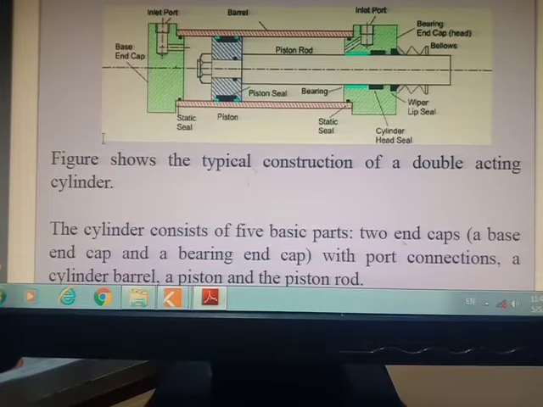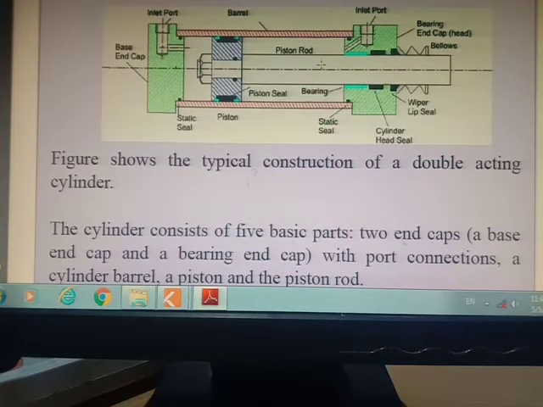This double acting hydraulic cylinder has two ends. One is known as the base or cap end, and the other one is known as the head end, right?